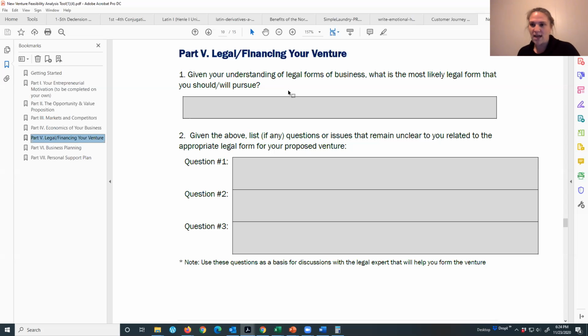Even the federal government has it. So like laundry service, you could actually get your woman or minority owned service certification or disabled veteran certification. And then you could contract with government agencies so that you have a constant revenue stream to do their laundry.